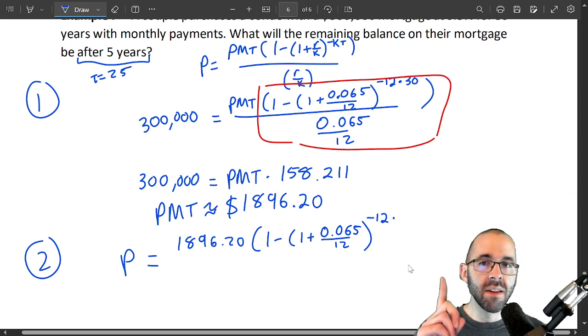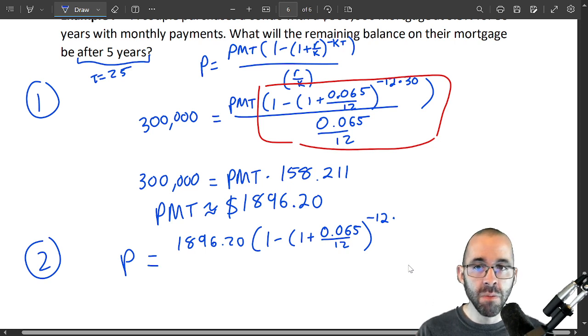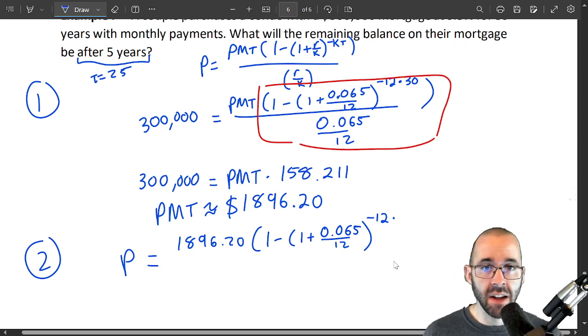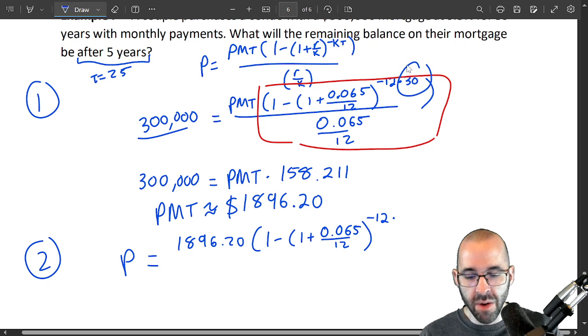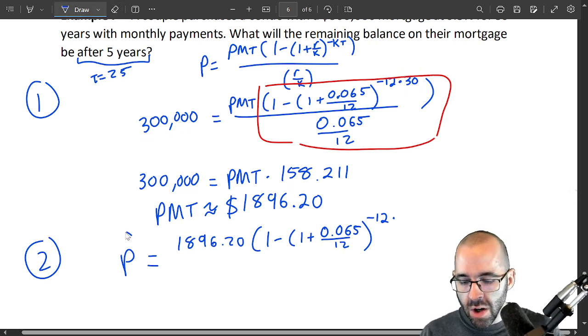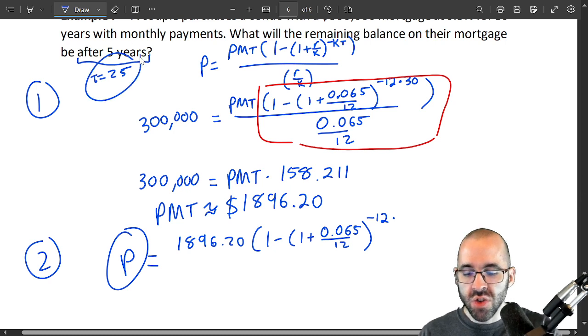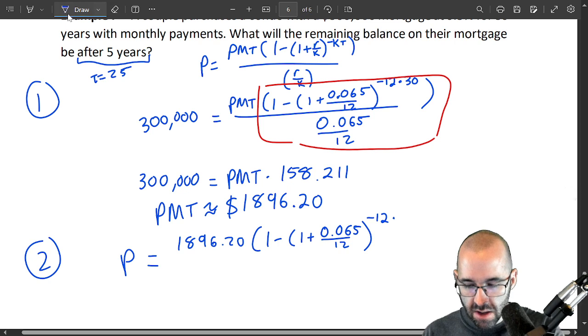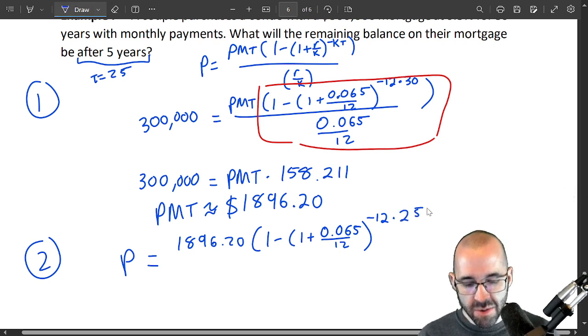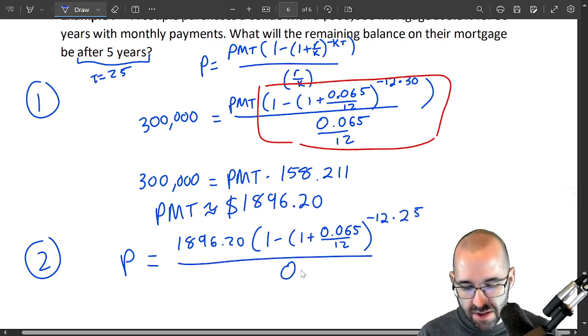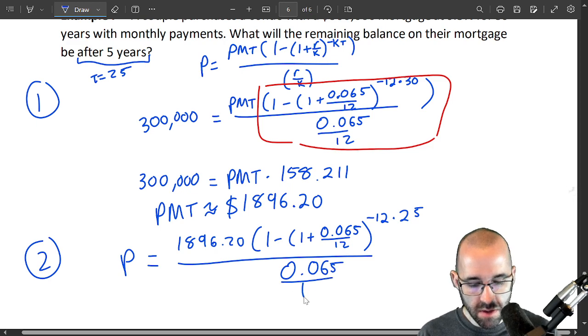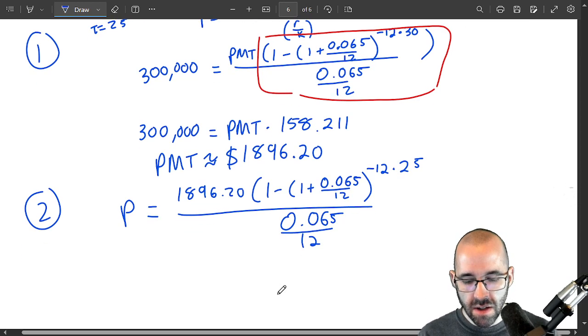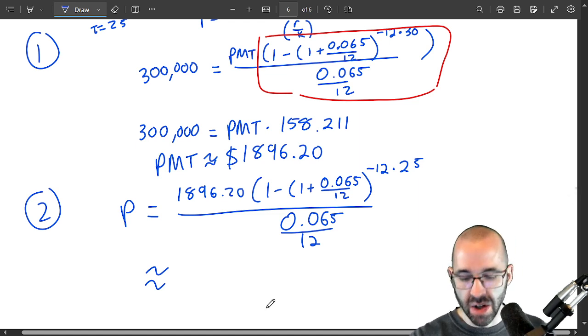We're curious, how much is P now? P was 300K when there are 30 years left, right? We want to know how much is it when there's 25 years left. So this now becomes a 25, and this is still 0.065 over 12. And now we just type in that whole side, and we can find out how much there is 25 years left.